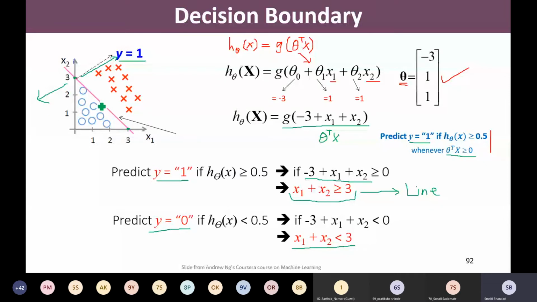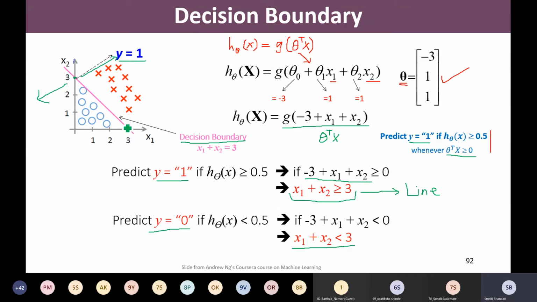And this pink line that separates these two classes is known as the decision boundary. In this particular example, this decision boundary is denoted with the expression x1 plus x2 equal to 3.